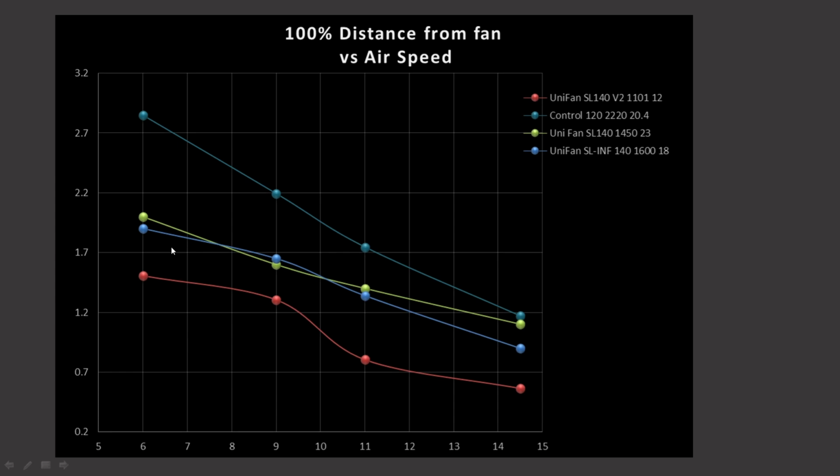So the SL-140 and the SL Infinity are lining up very closely with the original SL at the 14.5 chart, lining up fairly closely with my control fan, while the SL V2 is kind of underperforming.